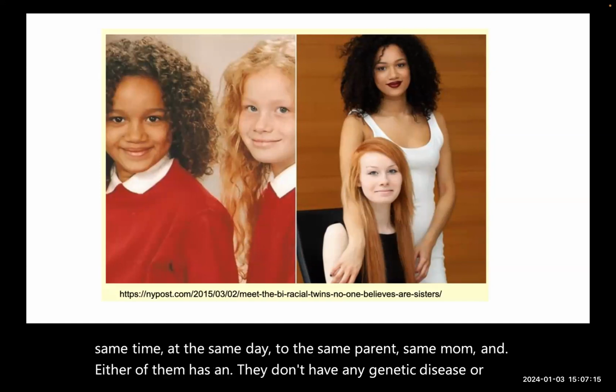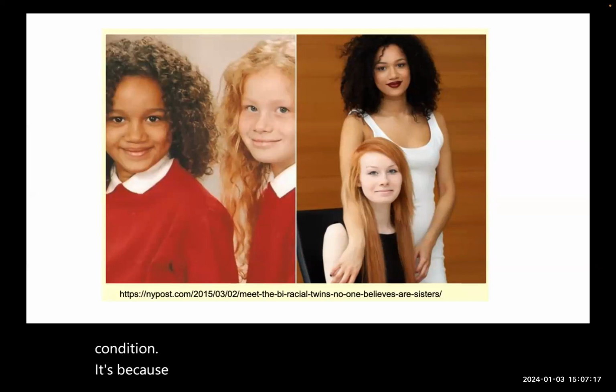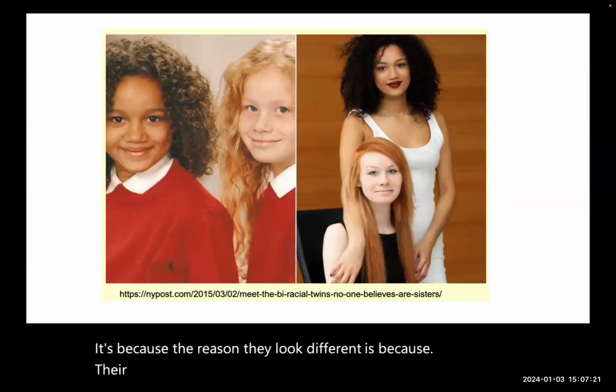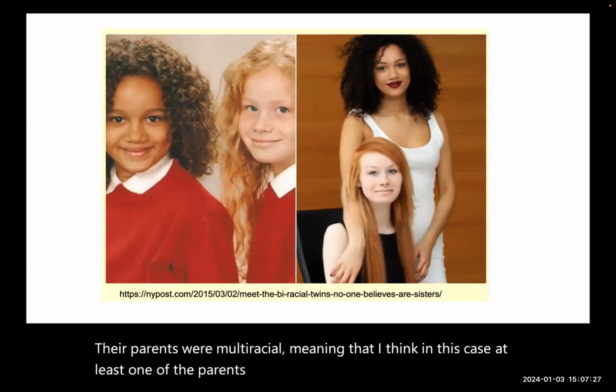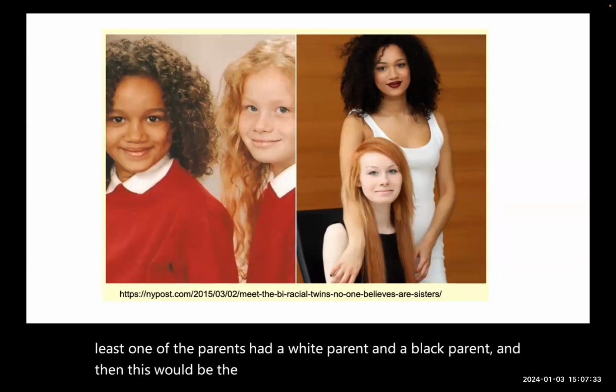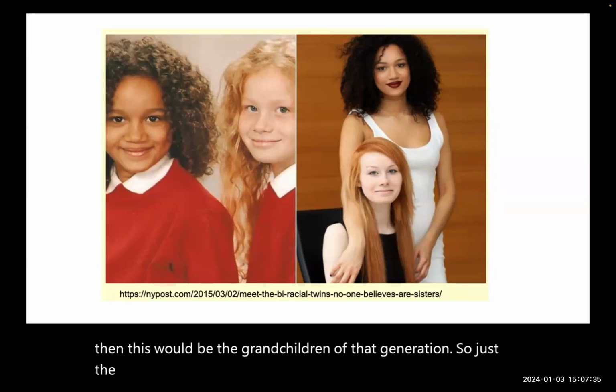The reason they look different is because their parents were multiracial, meaning that I think in this case, at least one of the parents had a white parent and a black parent, and these would be the grandchildren of that generation. So just the way the genes were transmitted, you can see the children really look different from each other.